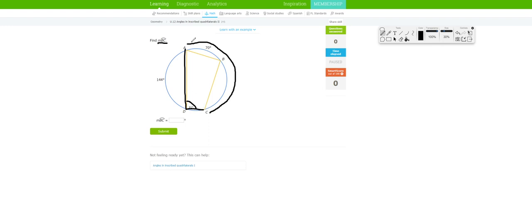Well, if I find this big arc, I can subtract 70 and find what BC will be. So how do I find this big arc? I'm going to multiply 91 times 2. That's 182, so this arc is 182 degrees.